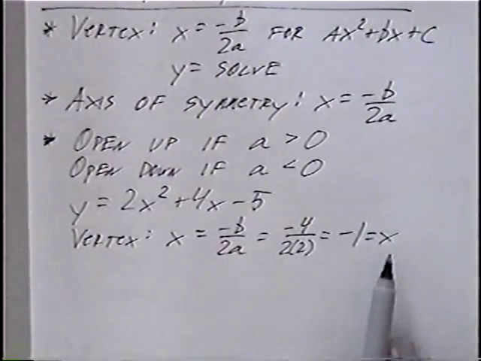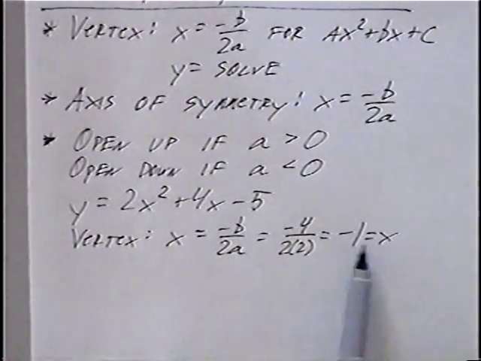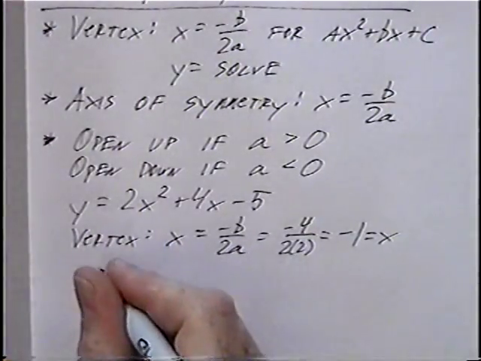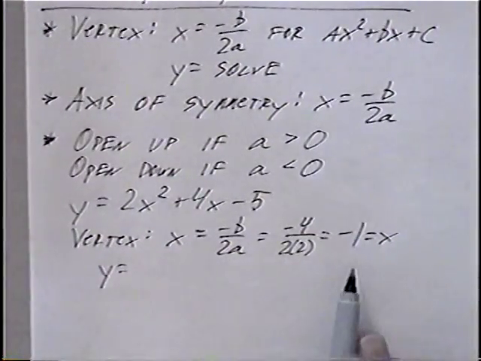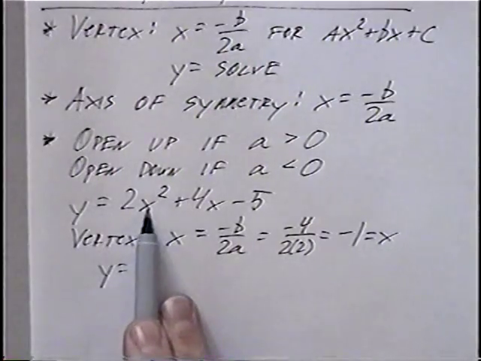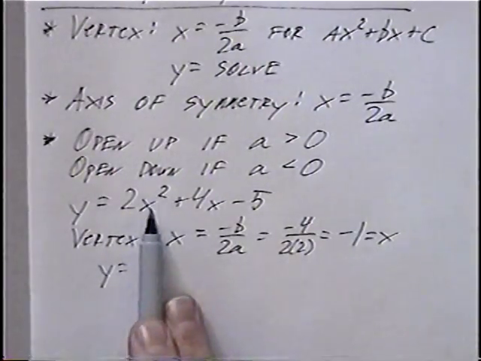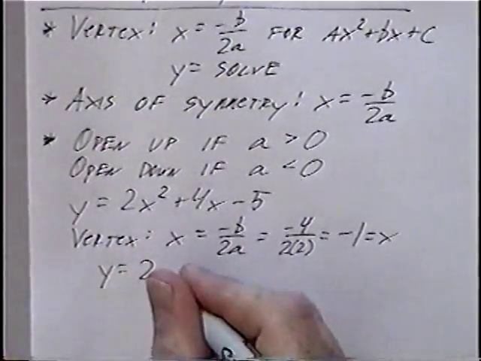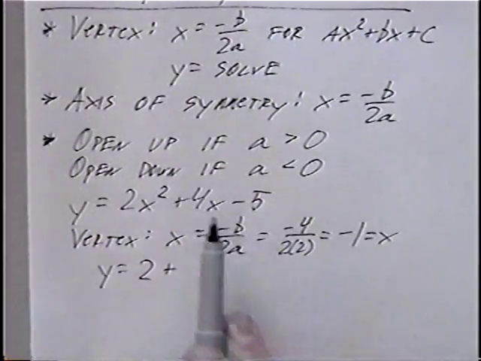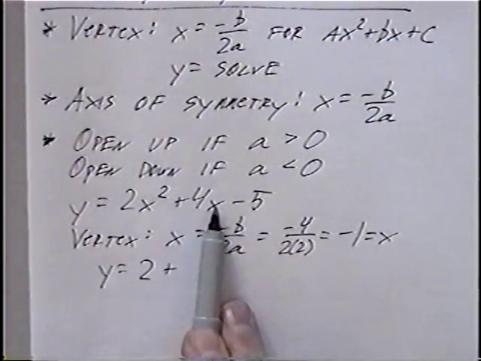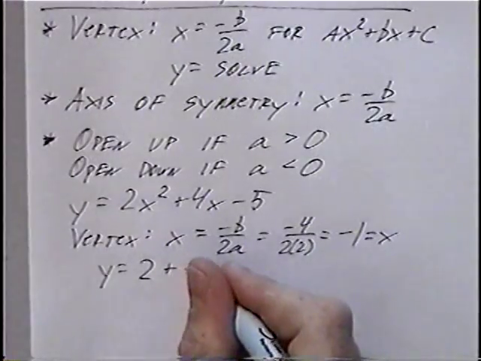To find out what y is equal to, we have to take this number and plug it back into the equation. So y equals, plug a negative 1 into the x squared. Negative 1 squared would be positive 1, times 2 would be 2. Negative 1 for the x, 4 times negative 1, that would be negative 4.